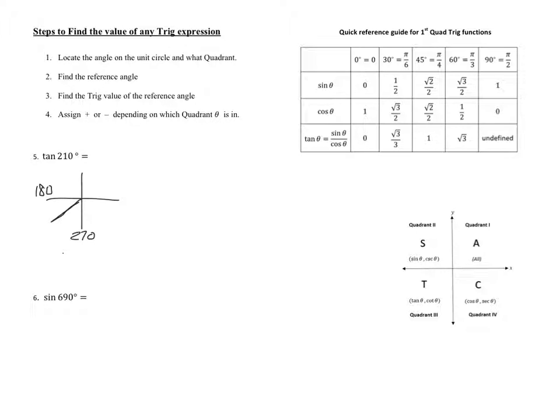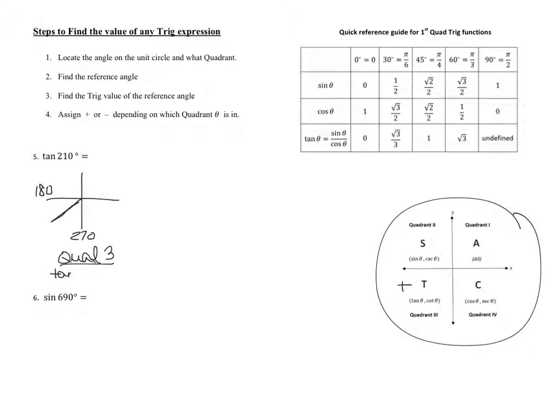Right, so we have a quadrant 3 angle. So in quadrant 3, we're looking for the tangent. In our chart over here, we know that in quadrant 3, tangent is positive, right? So we know that our answer, the tangent, is going to be positive.